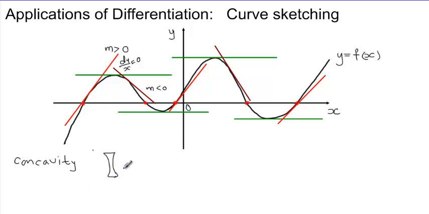This is a concave lens, but this one is a convex lens. Convex and concave. If you make these things lie horizontally, you will see something which looks more or less like this, which is convex.